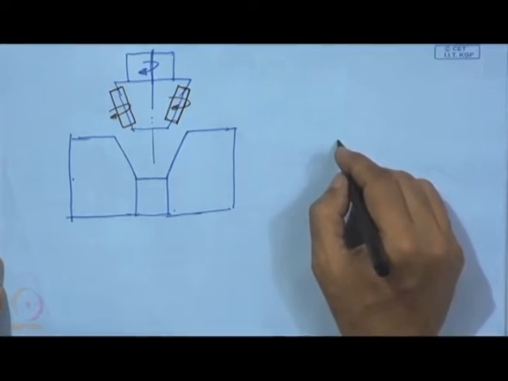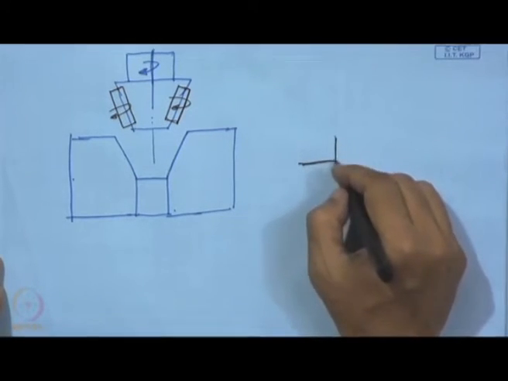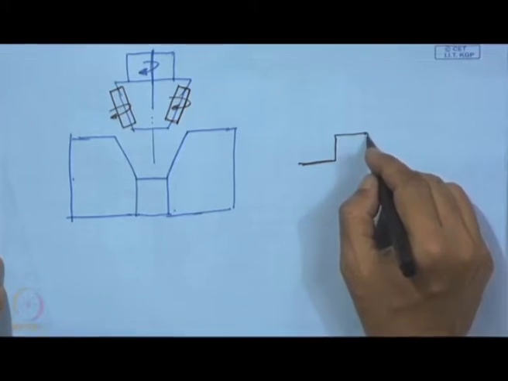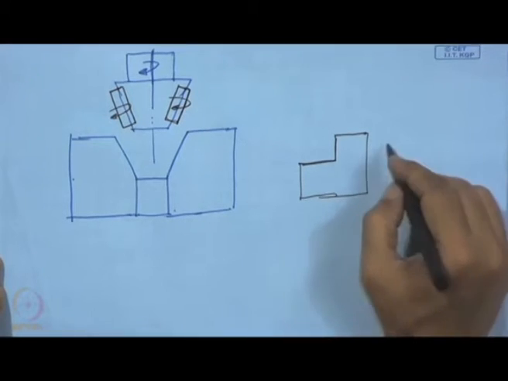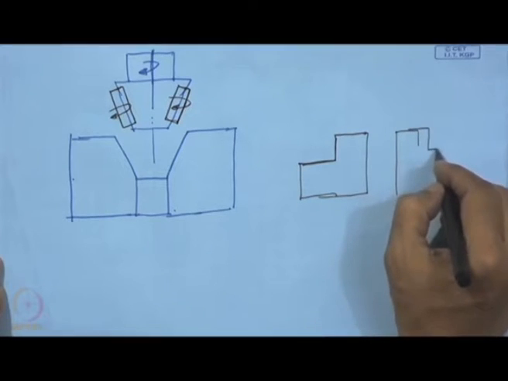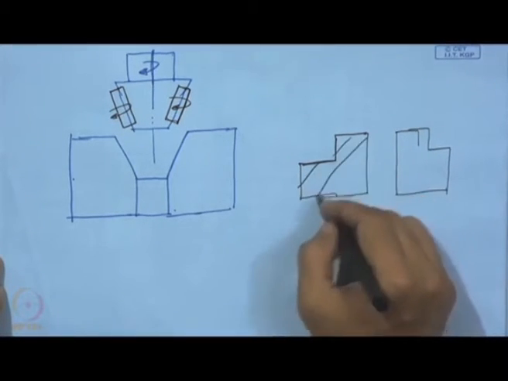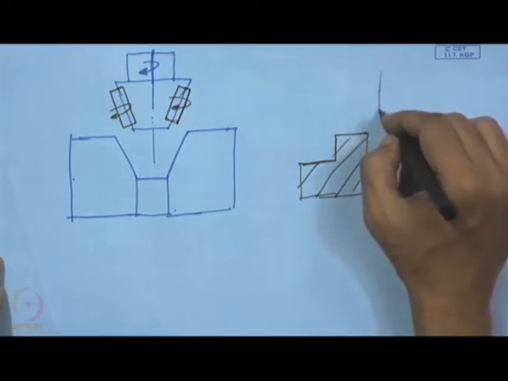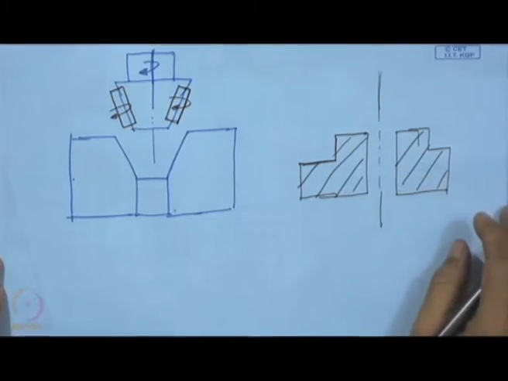Say for example, another example, this is also another valve seat. It is not conical, but it is going to be a flat one, and in this case also we can see that a burnishing tool can be very effective.